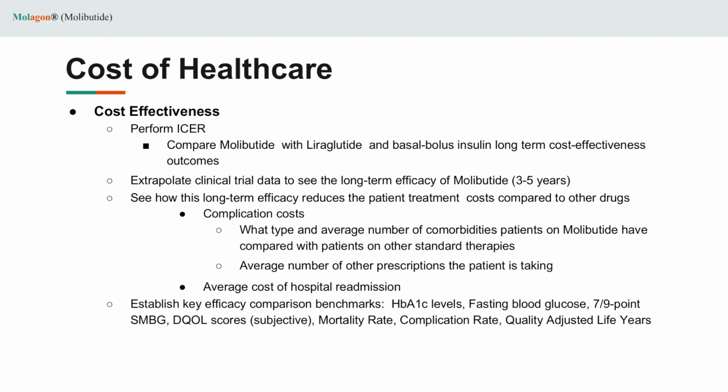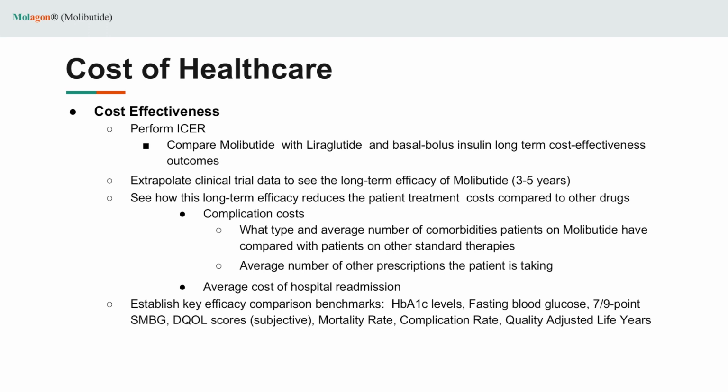To analyze Molagon's impact on cost of healthcare, we did a cost-effectiveness analysis. First, we performed ICER, which means incremental cost-effectiveness ratio, to compare Molagon to other drugs in long-term cost-effectiveness.